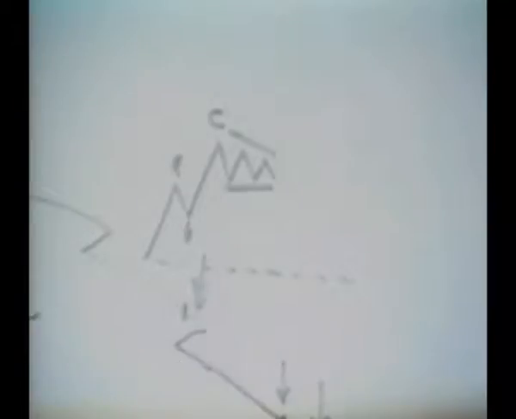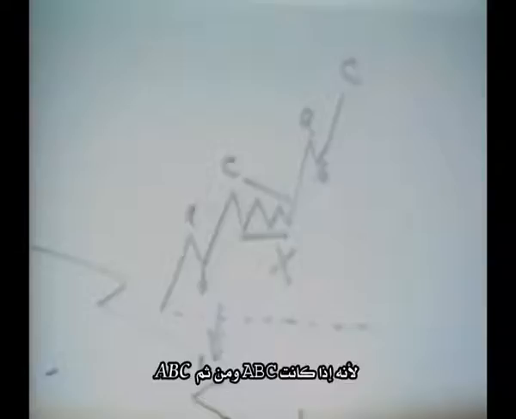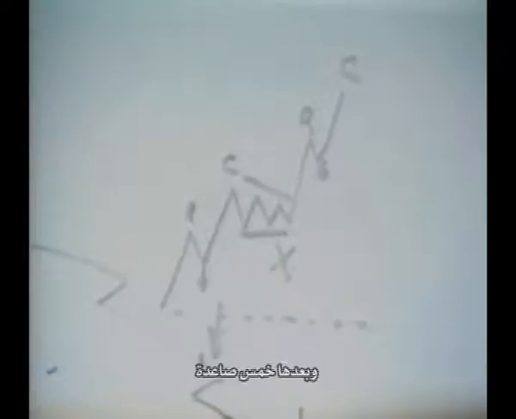Therefore, rather than expecting 5 waves up to follow that triangle, what would you expect? 3 waves up. So a flat, there's a little section in our book called the right look. Don't call it a flat unless it looks flat, because if you go ABC, ABC, and then 5 up, and that B is way above the previous low or previous high in the other direction, it ain't no flat.